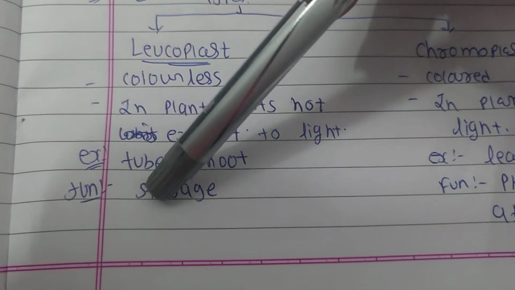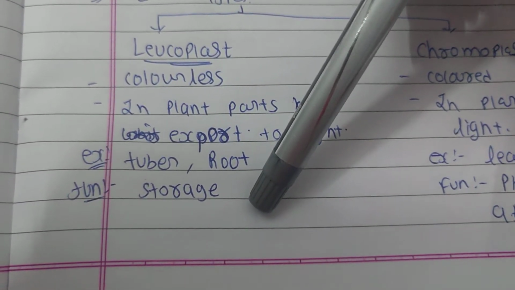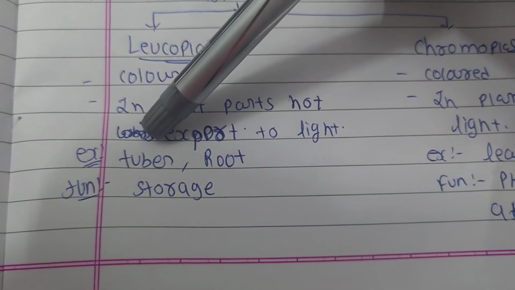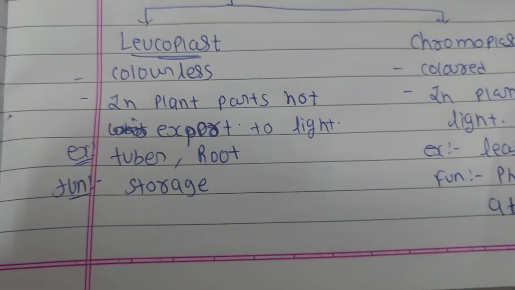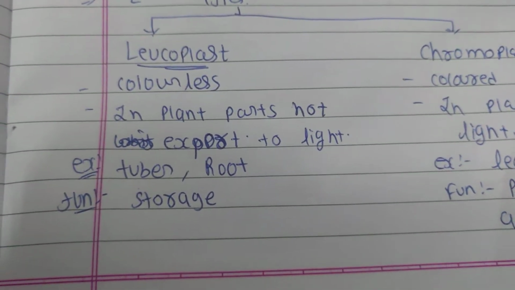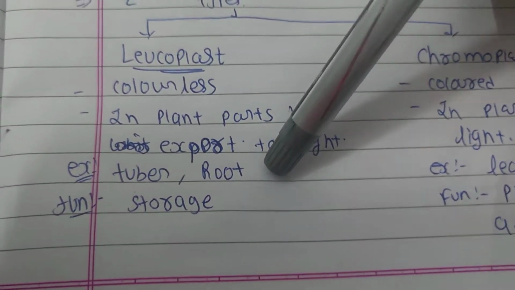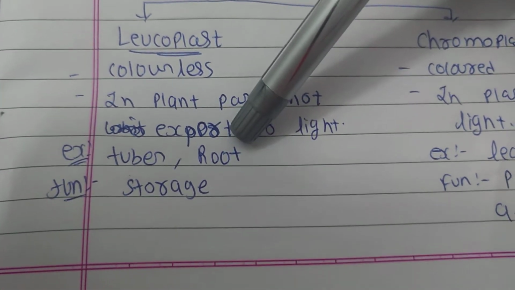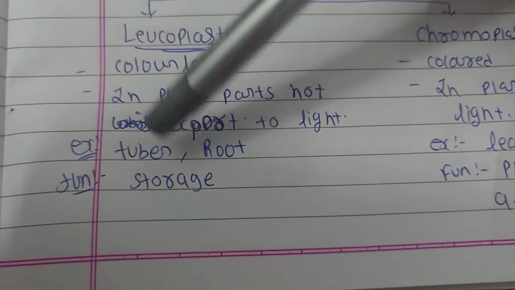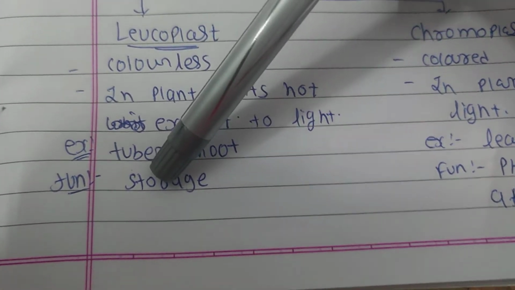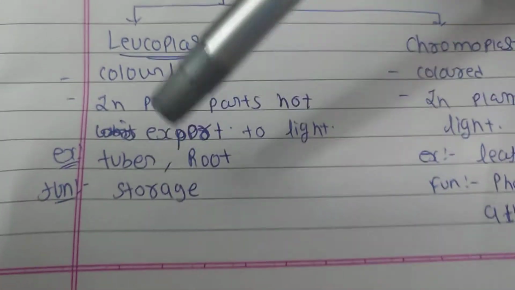The function of leucoplast is the storage of food material, like the tuber of the potato. Potato itself is a tuber and it stores food, and it is white in color, as we already know. The root portion, which is not exposed to light, has leucoplasts, and their function is the storage of material.